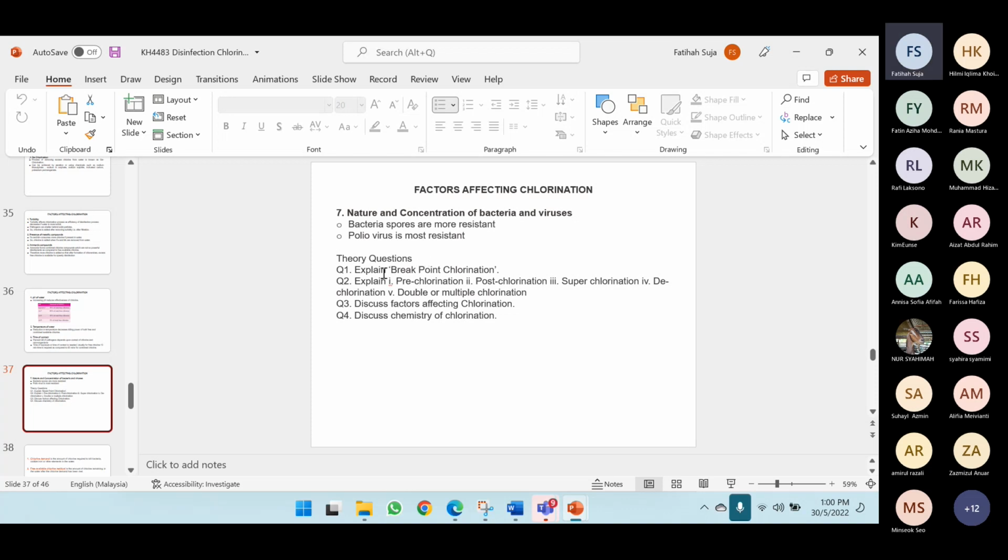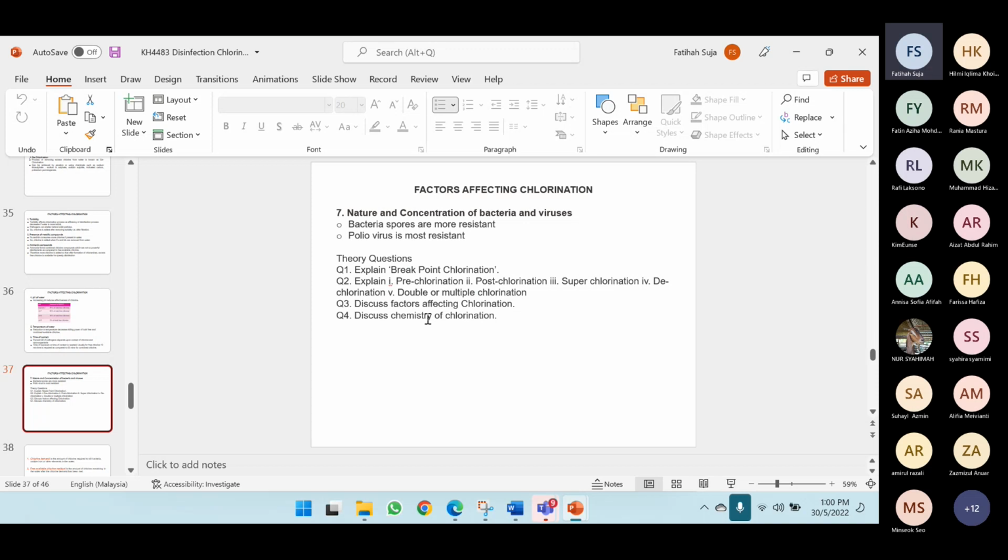Okay. Theory questions that you need to understand from what we have learned today. You need to be able to explain what is breakpoint chlorination. You need to be able to explain what is pre-chlorination, post-chlorination, superchlorination, dechlorination, and double or multiple chlorination. When does this occur?